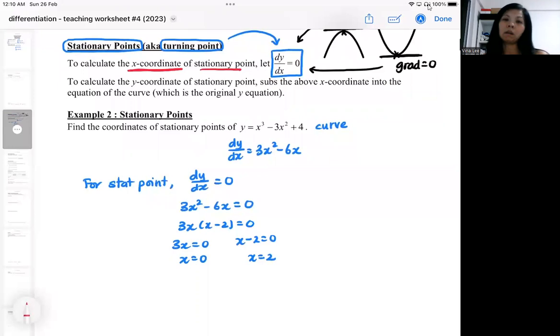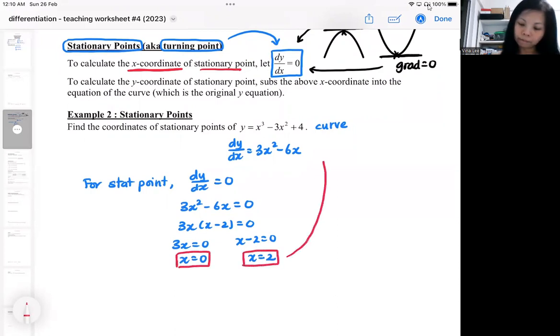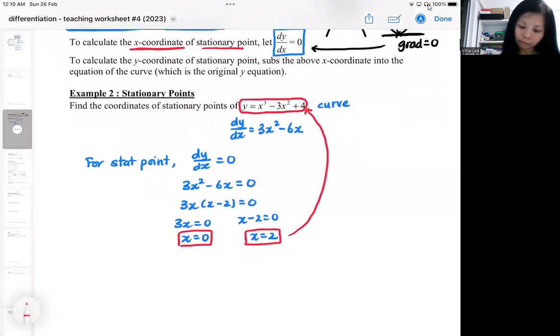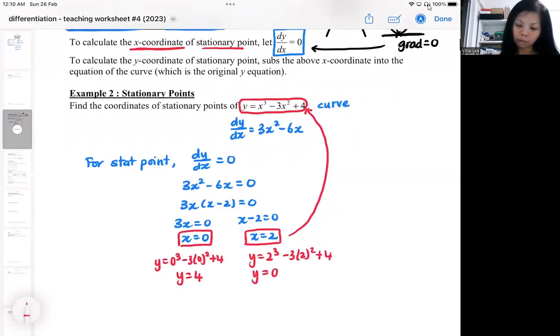But you have not gotten the y coordinate yet. In order to get the y coordinate, you should be putting the x into the equation of the curve. So you put your x back into the equation of the curve. You just sub it in. It will get you y equal to 4. This part will get you a 0.